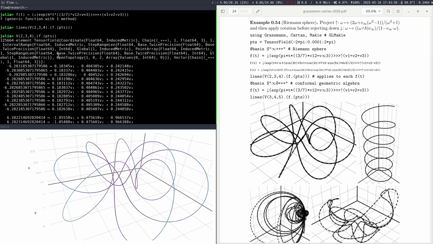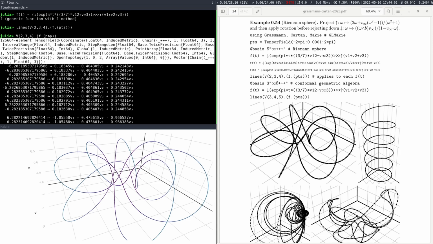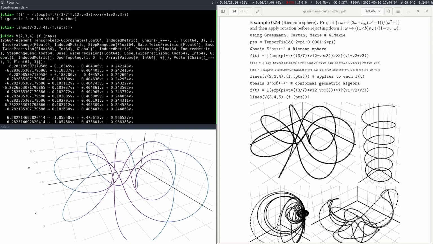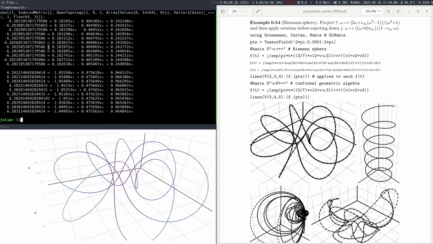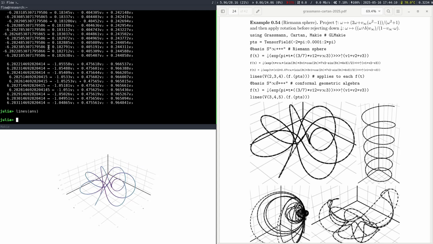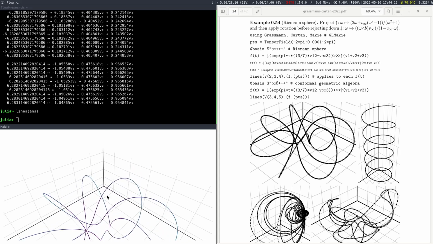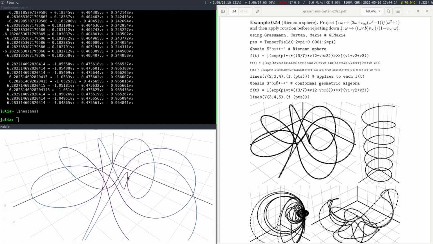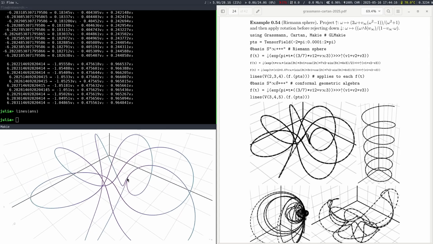Okay, tensor field. All right. So it's a Cartan tensor field, has an open topology. Okay, so we have all this topological FiberBundle tensor field stuff. Okay, and then we can just plot it. It's very nice, very nice. This is a new formalism that I've introduced in how to handle all this information.